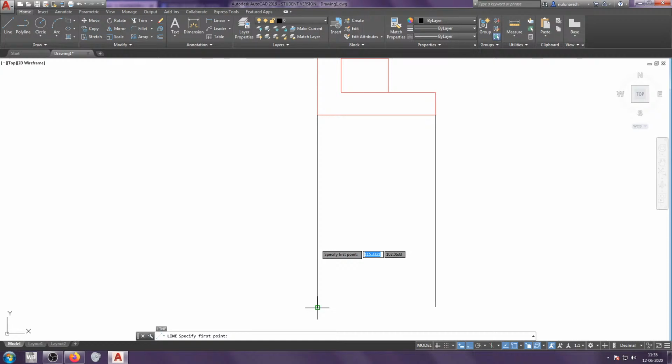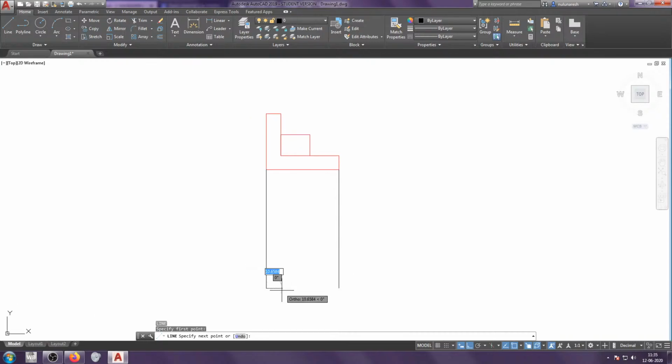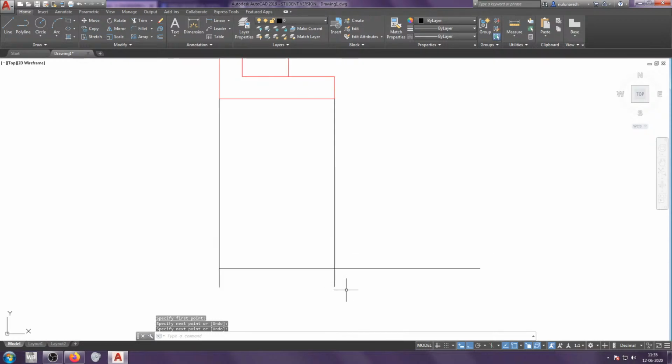Since this is a first angle projection, front view comes first. Sorry, the top view will be below the front view. I'm going to trim these portions.